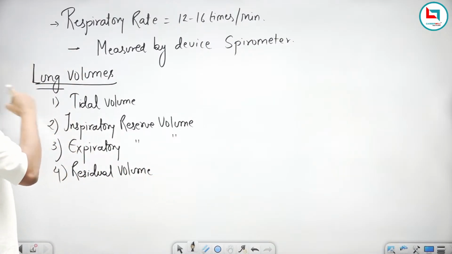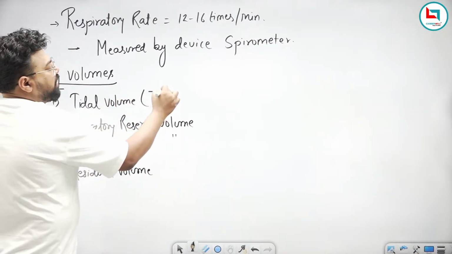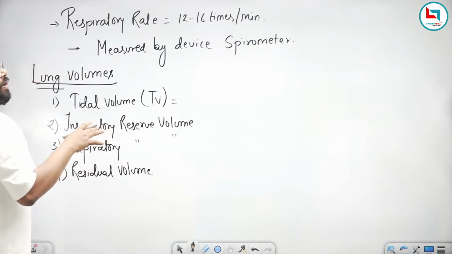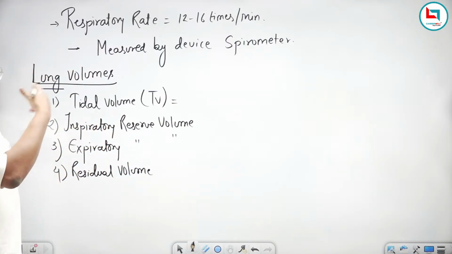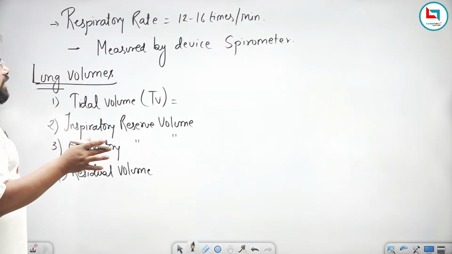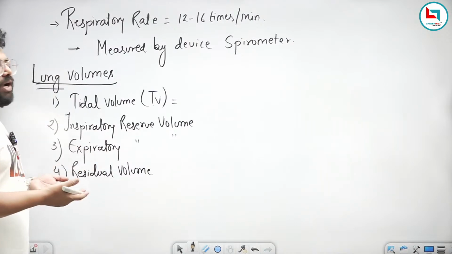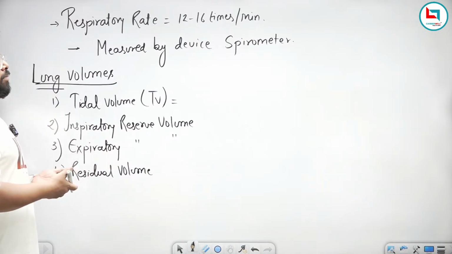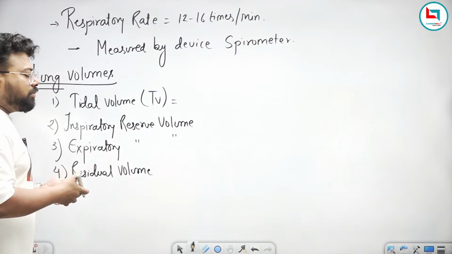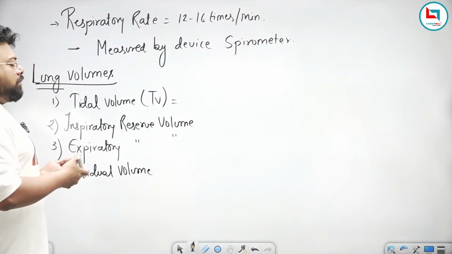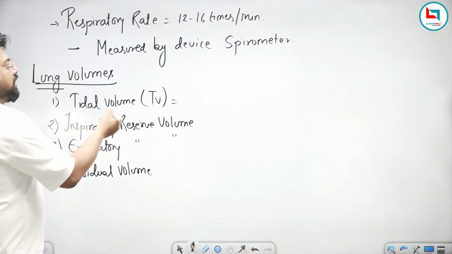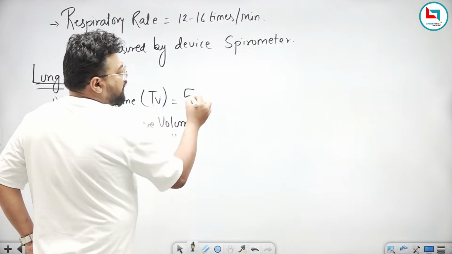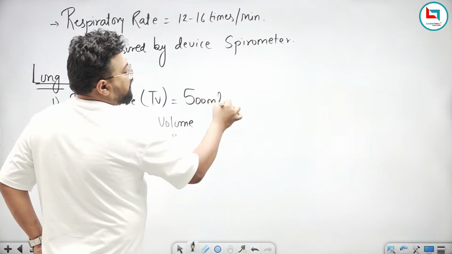So tidal volume is denoted by TV. It is the amount of air which can be inhaled or exhaled during quiet breathing. So when we are doing quiet breathing, means normal breathing, the amount of air we are inhaling and exhaling is 500 ml.